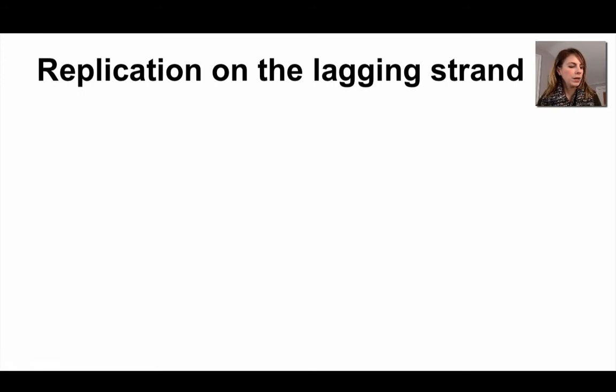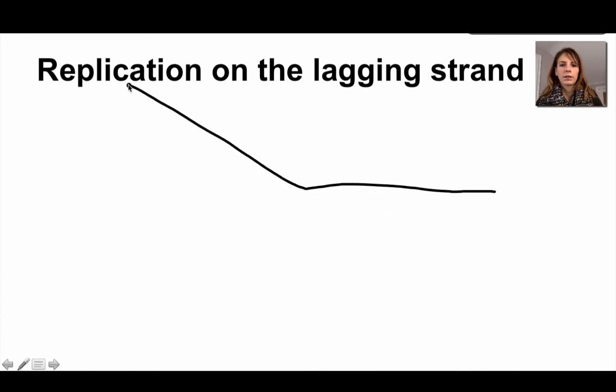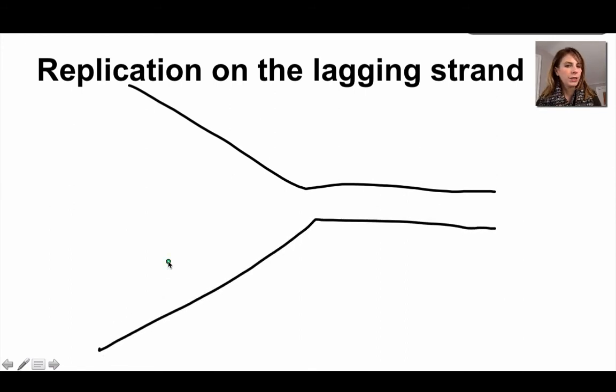Okay, so when I represent my lagging strand, before we had shown primase in step 1, and then we had another fragment that was still getting DNA added to it.